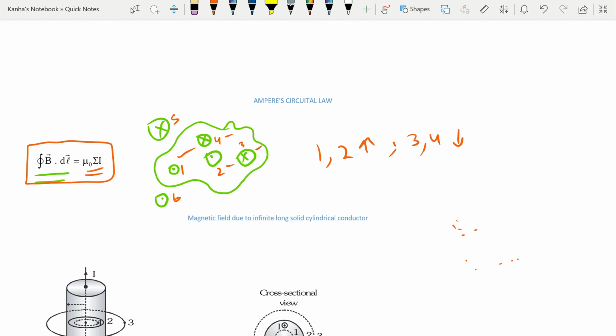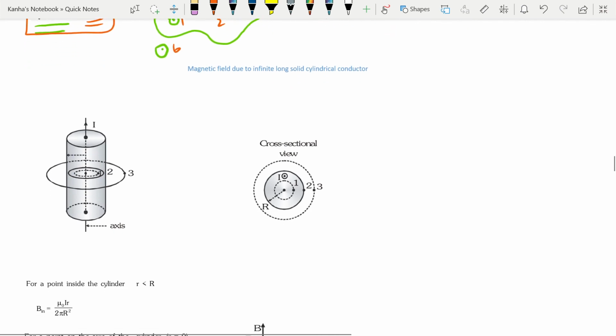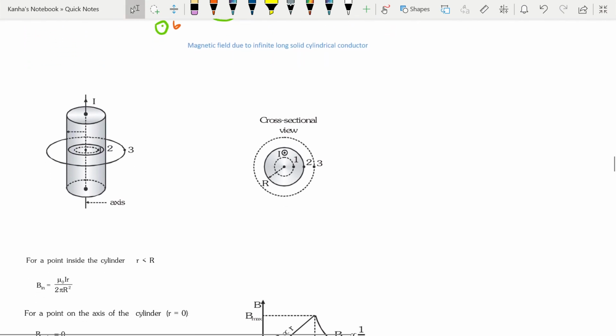So Biot-Savart's law is a very essential tool, but using Ampere's circuital law, it becomes very easy to find the magnetic field of systems that have some symmetries. Even when they don't have symmetries, we can at times find them more easily than with Biot-Savart's law.